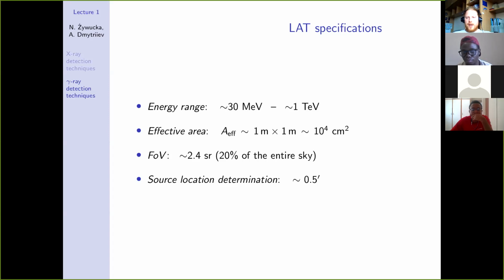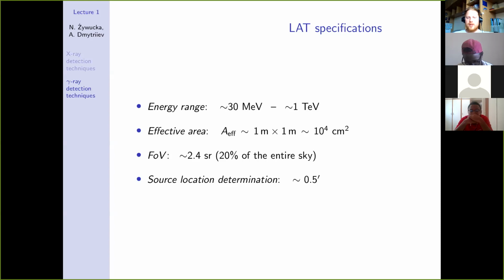The effective area is more or less the surface which is catching the gamma rays, if you can say that. The effective area depending on energy is contained in the IRFs, instrument response functions, and we will talk about that later. The field of view for the LAT is a very big virtue. The advantage of this instrument is that it's a wide field of view instrument.